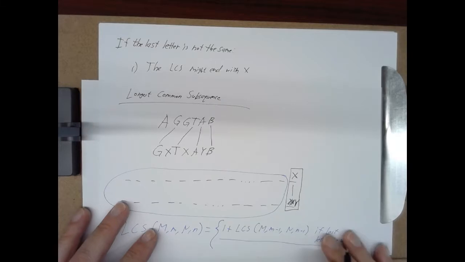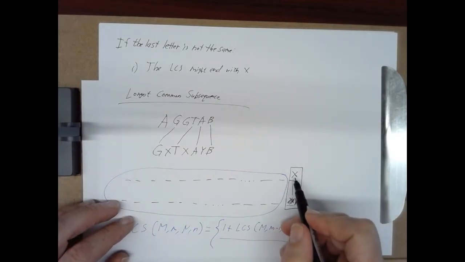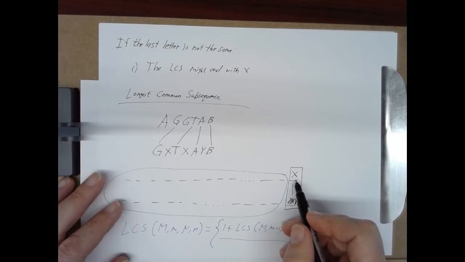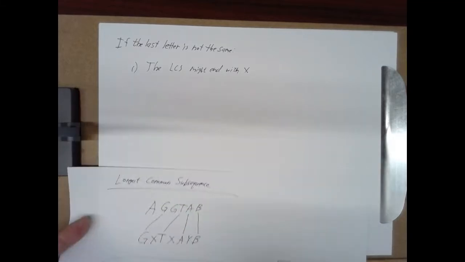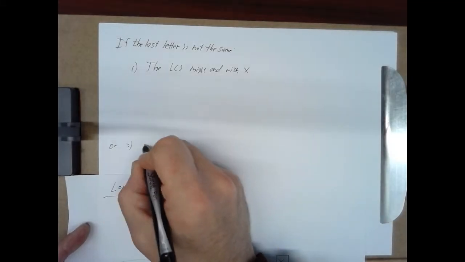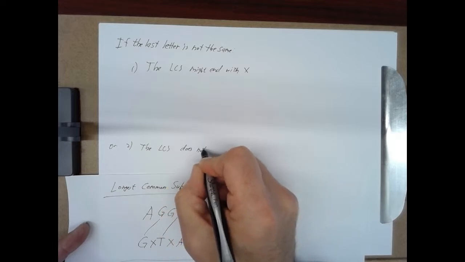Possibility 1, the longest common subsequence between your two original strings might end with this character, whatever x is. Right, so the longest common substring might end with x, or the longest common substring does not end with x.